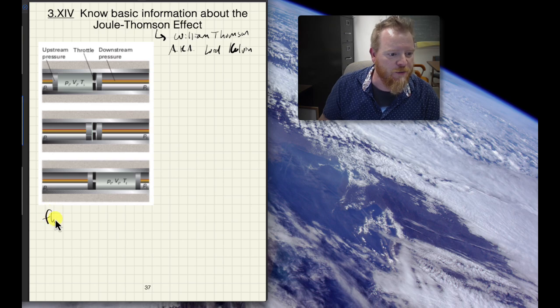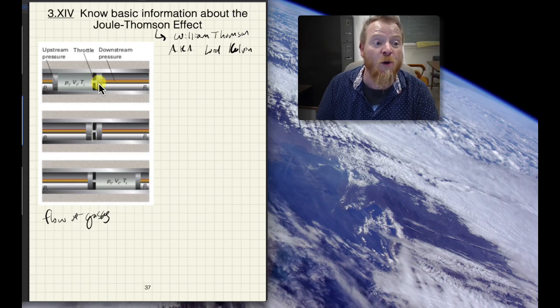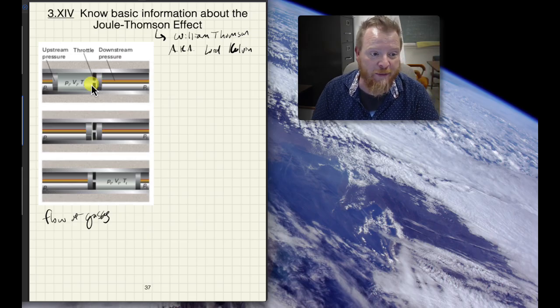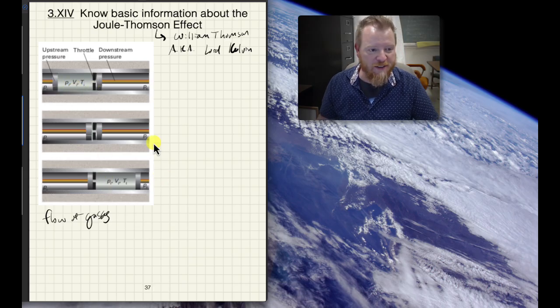So this is a flow of gases from one chamber to another chamber, and that flow is separated by a throttle or a very narrow opening. And so the idea here is, you imagine you've got a plug of gases flowing through. I know this shows it occurring like a piston, where this piston compresses and then makes the other side expand.